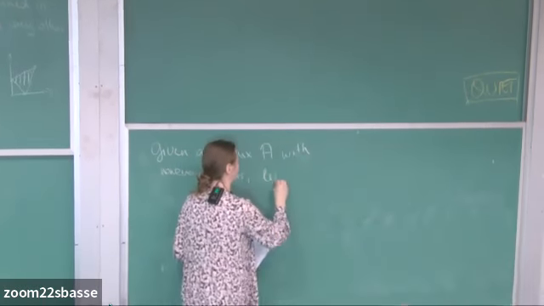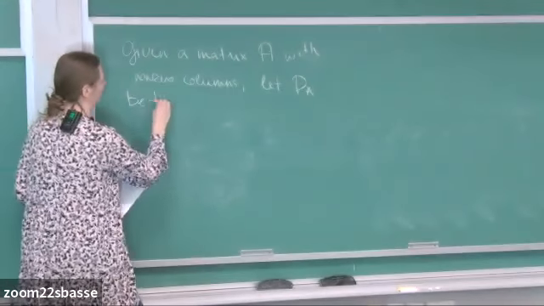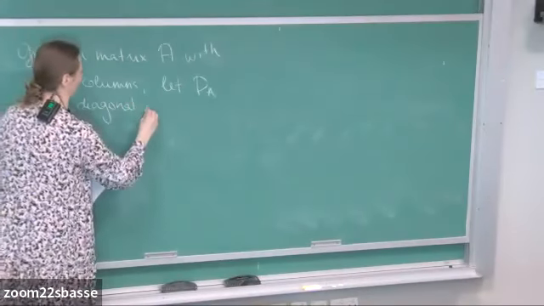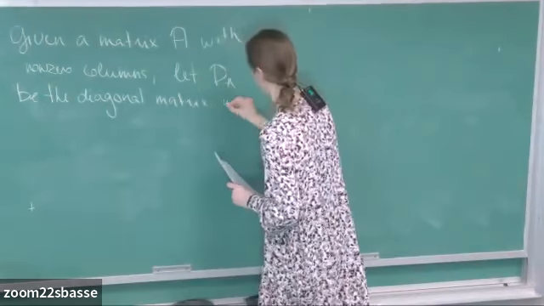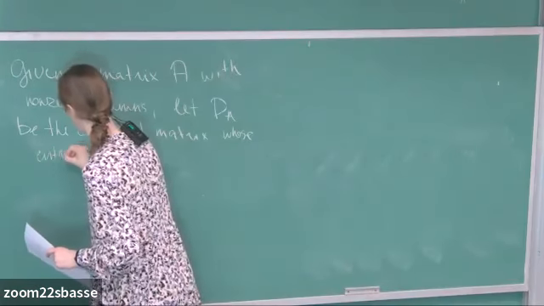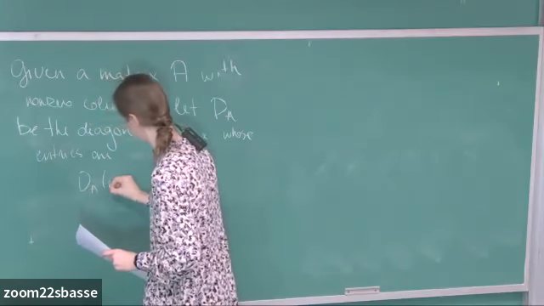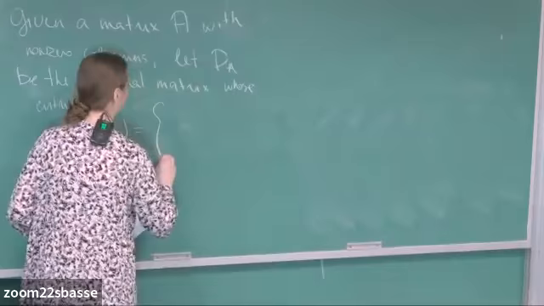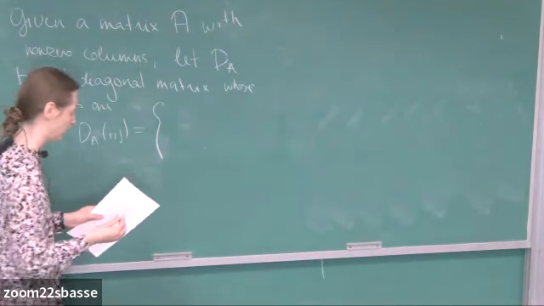let D_A be the matrix, the diagonal matrix actually, whose entries are equal to 1 over the column sum on the diagonal and 0 otherwise.